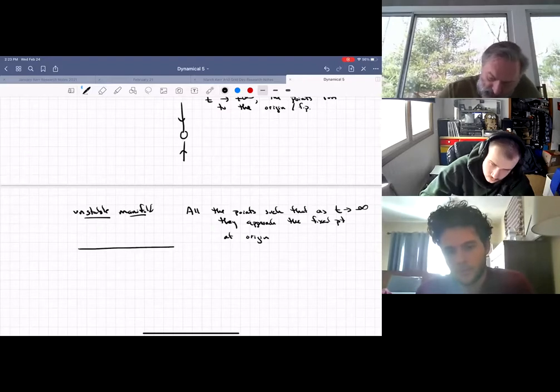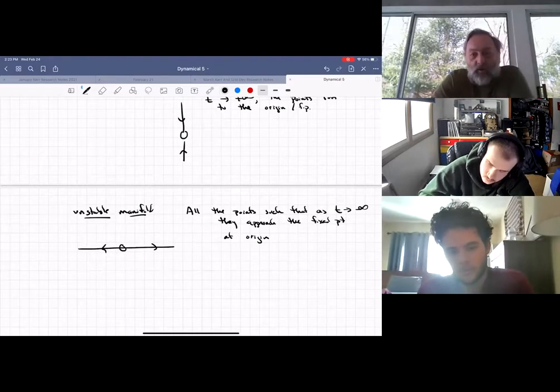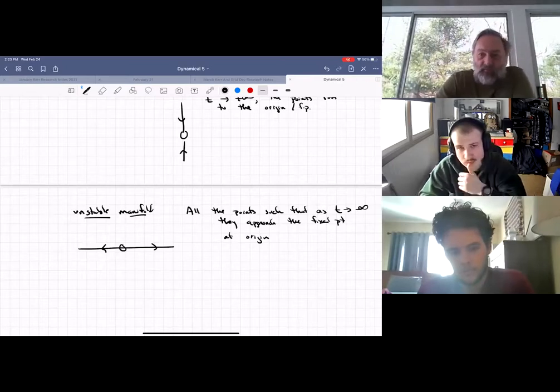So the x-axis here represents the unstable manifold. It is all the points that, if you run backwards in time, end up in the fixed point.